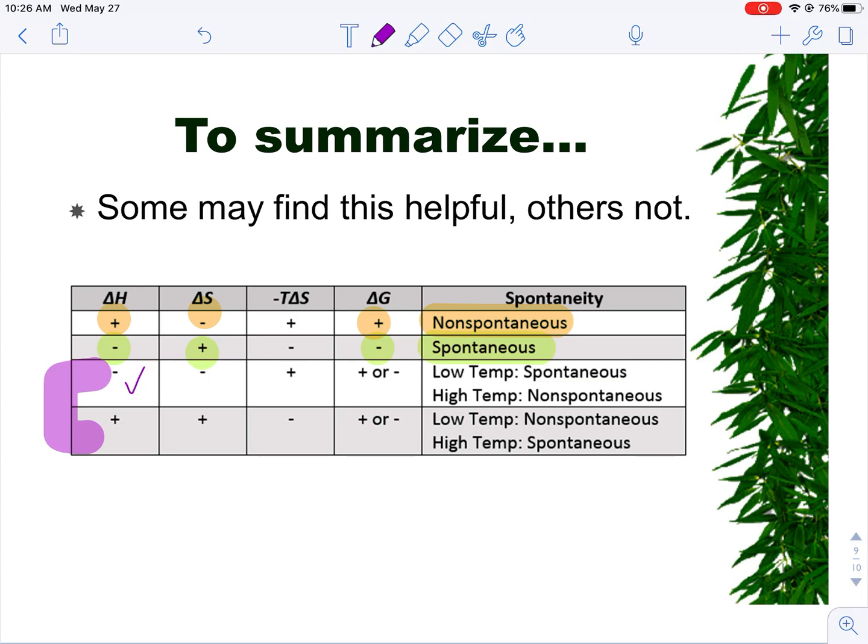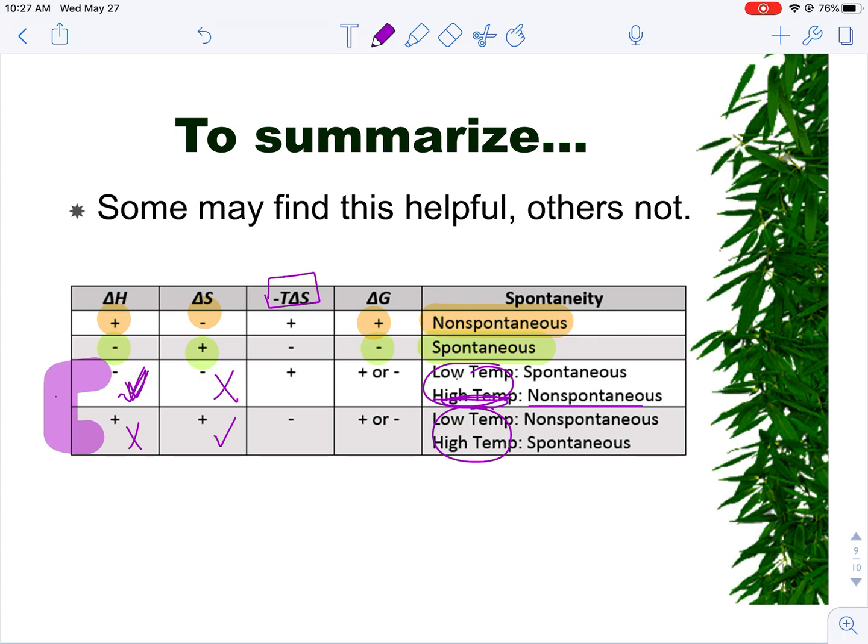But these last two deal with what's going to happen if you have something that's favored and then not favored, or not favored and favored. How are you going to know? Well, again, it depends upon your temperature, whether or not that T delta S factor is going to dominate. If your T delta S is great enough to overcome, that's what we mean by the high temperature, the value of your favored enthalpy, then you'll be non-spontaneous.